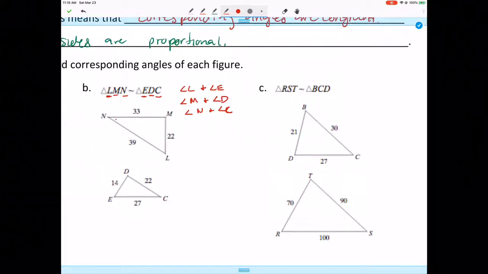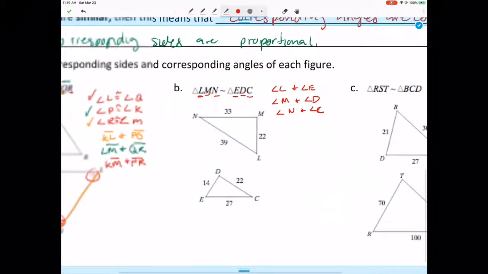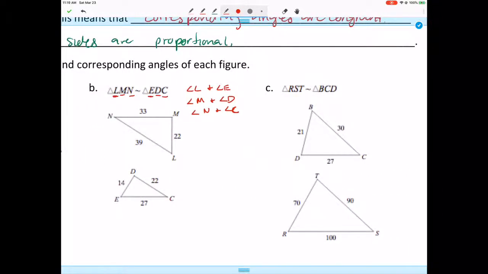So they don't even tell us that these are equivalent or anything like we did here. But here, if you really wanted to, you could just say L and E. Those are corresponding angles. And then M and D. And then N and C.